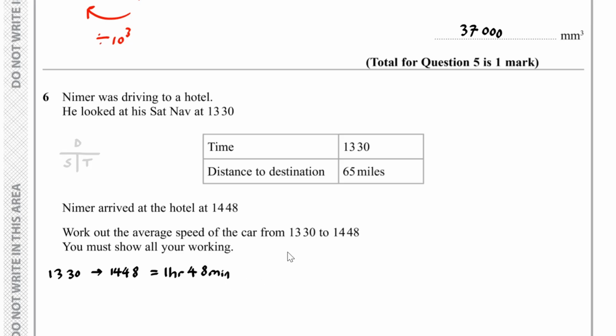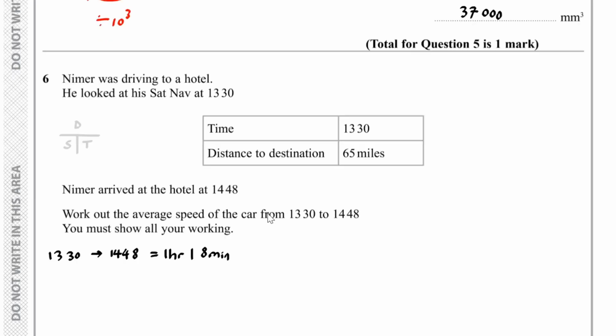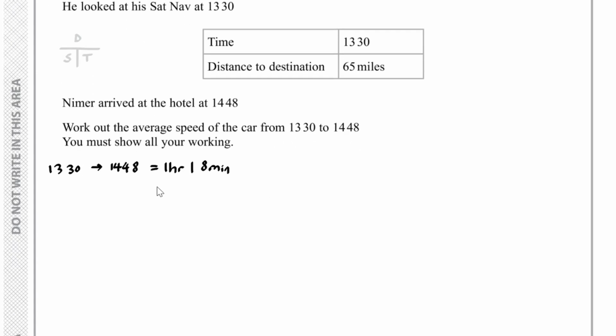And what we need to do is make sure we're in hours completely. Sorry, this is 18 minutes. And the reason for that is because we want to give our answer in miles per hour. So in total, we've got 60 minutes, that corresponds to the 1 hour, plus the 18 minutes. This gets us over here 78 minutes.